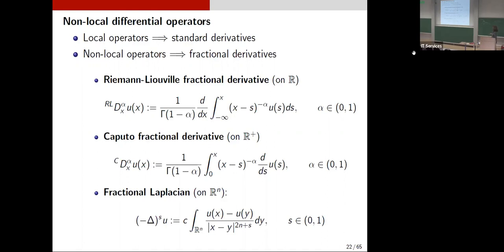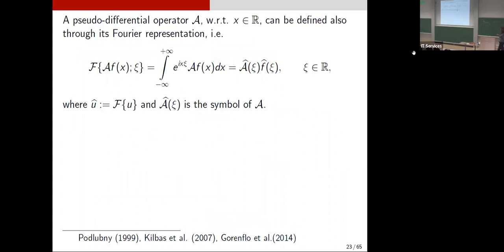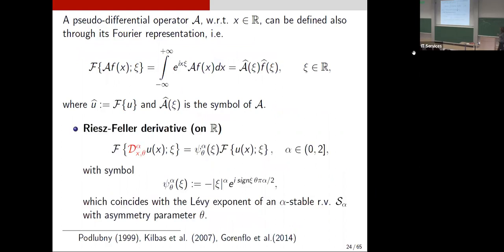Another very famous fractional operator, which I will not speak about, but I just recall for completeness, is the fractional Laplacian on R^n. There is a huge literature on this, but since we will be only in one dimension, I will not use this operator, even if I will consider a particular case in some sense of the fractional Laplacian, which is the so-called Riesz-Feller derivative.